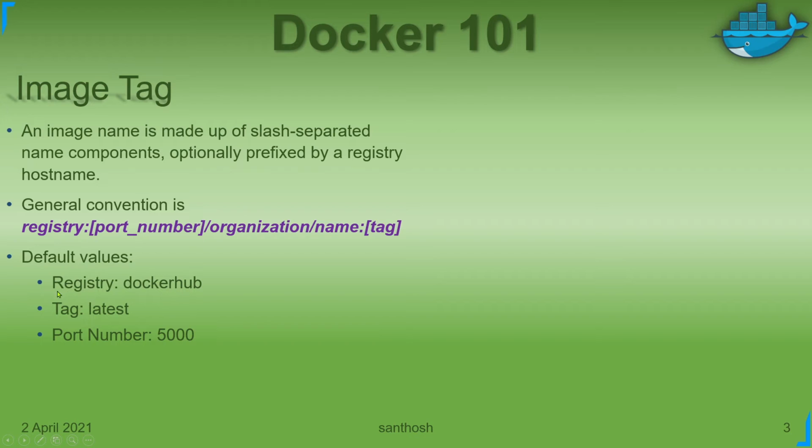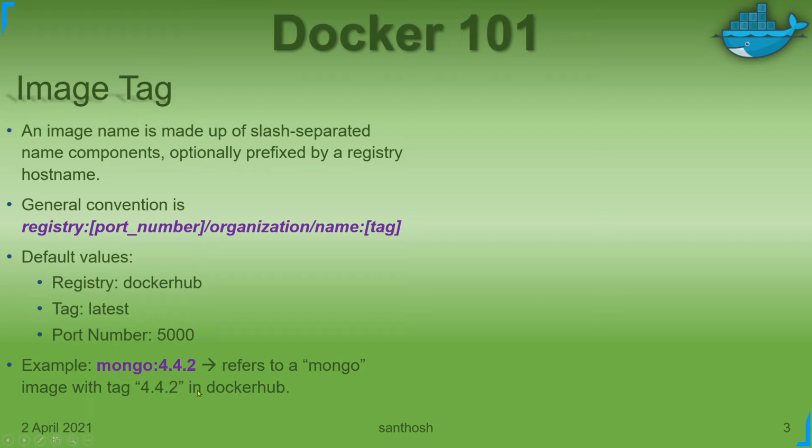By default, the registry is Docker Hub, the tag is latest, and the port number is 5000. In the example below, mongo:4.4.2 refers to an image mongo in Docker Hub with the tag 4.4.2.